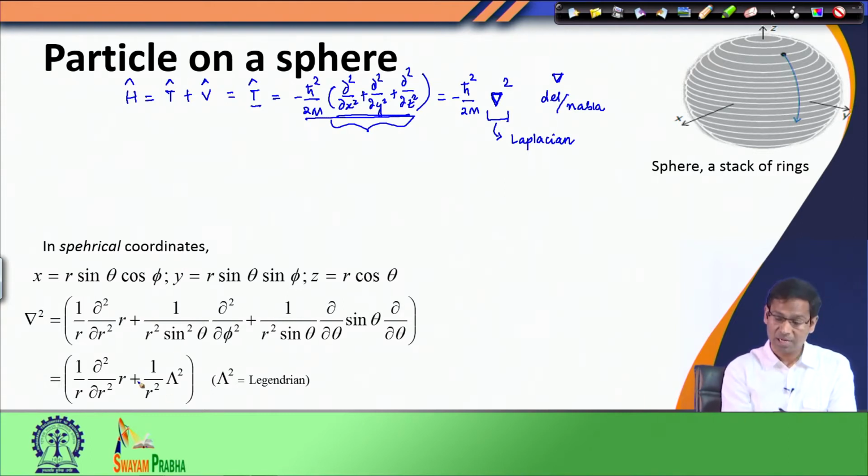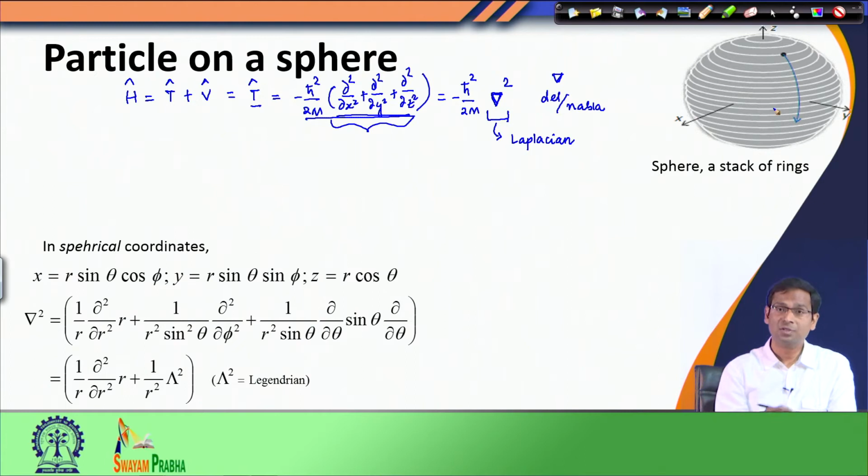I can now replace this Laplacian in my Hamiltonian, but before I do that, I look at the first term. The first term in this Laplacian in spherical coordinates suggests that I have to take a double differentiation with respect to r. What is r? r in this case is the radius of the sphere.